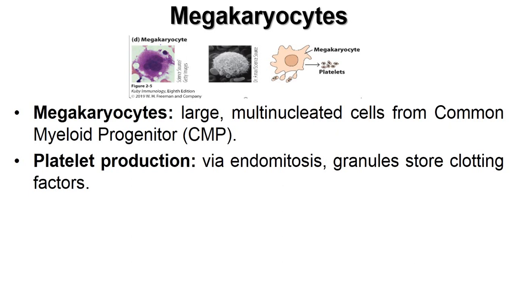There is a process called as endomitosis. What is endomitosis? The megakaryocytes undergo endomitosis. Endomitosis suggests they replicate the DNA multiple times without cell division to generate platelet precursor.